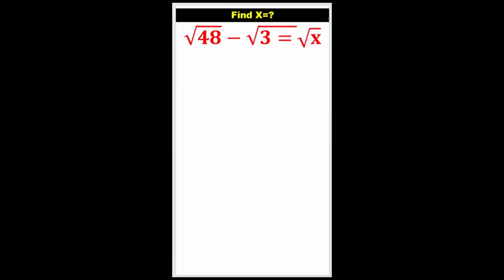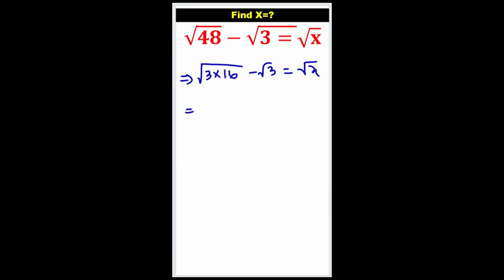Find x. Here is root 48 minus root 3 equals root x. So this root 48 we can write as root of 3 into 16, and minus root 3 equals root x.